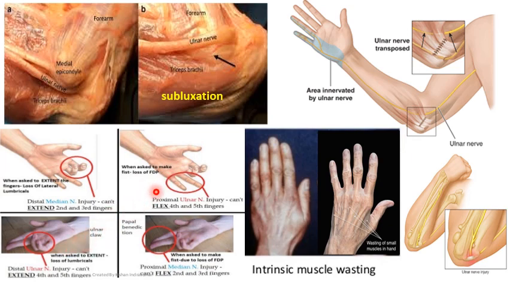When the injury to the ulnar nerve is more proximal, that is nearer the elbow, they can't flex the fourth and fifth fingers when a person is asked to make a fist. That is because of the loss of the function of flexor digitorum profundus.